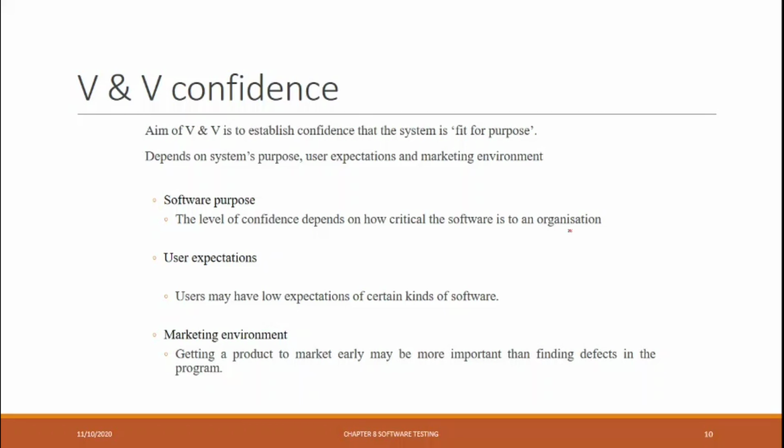So getting a product to market early may be more important than finding defects in the program. The customer will have competition with other software companies, so he or she may want to release a product as early as possible, before the other person.